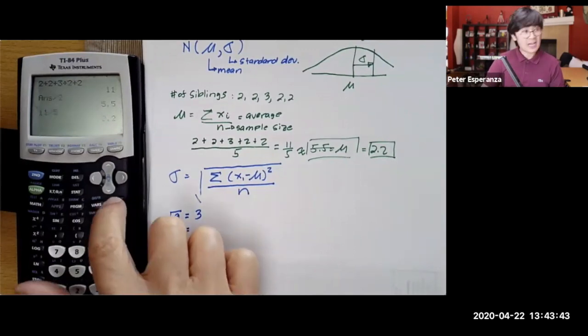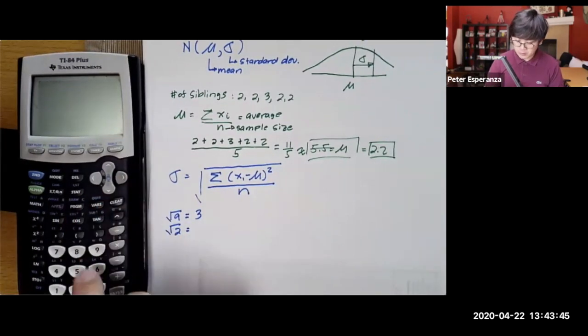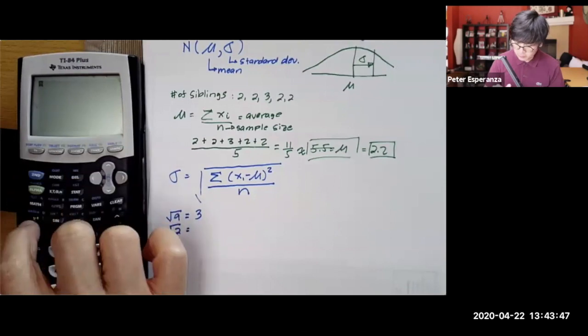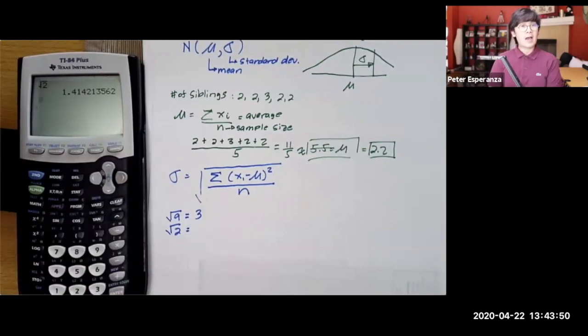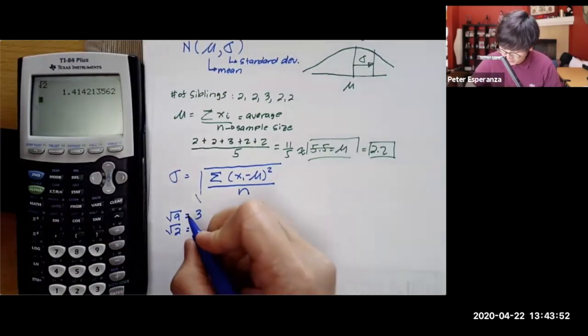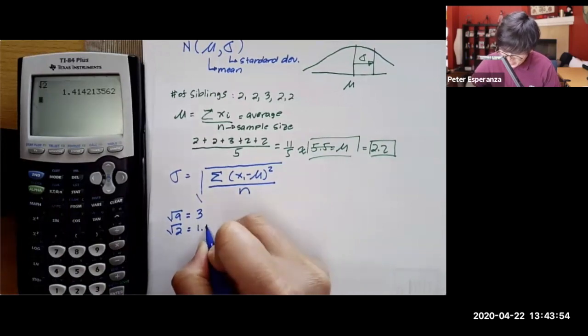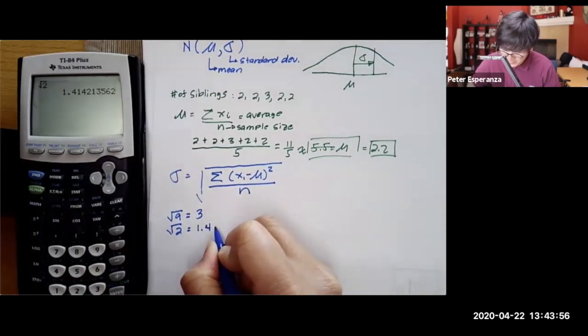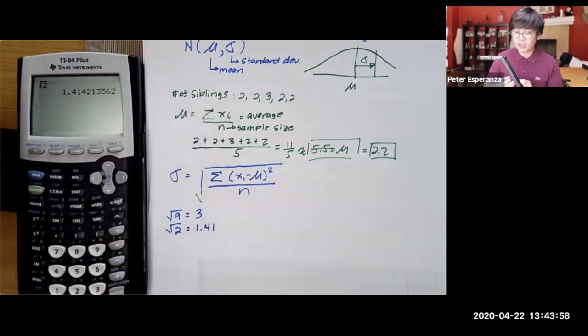I want you to use the calculator. In my calculator, it's second function, square root of 2. I'm getting 1.414, so this is 1.41, because we need to round it to the nearest hundredths, or 2 decimal places.